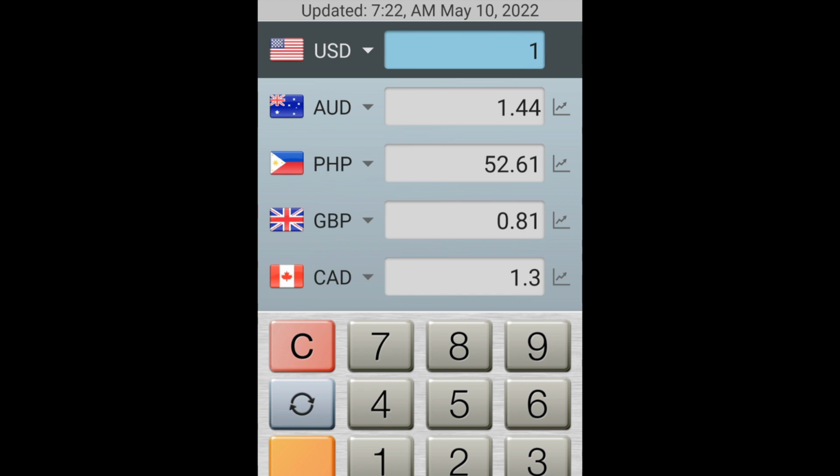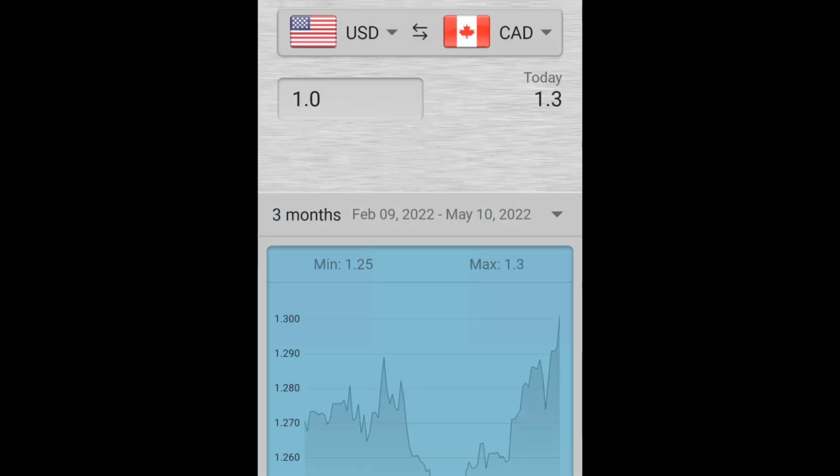1 US dollar is equivalent to 1.3 Canadian dollar as of May 10, 2022. For historical data, 1 US dollar is equivalent to 1.3 Canadian dollar as of today.